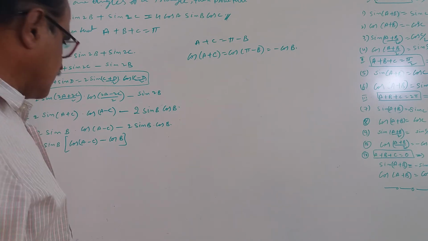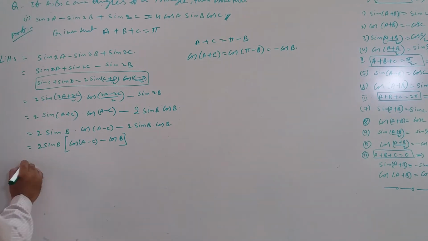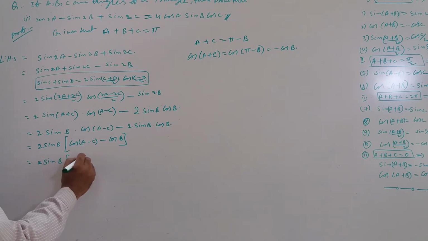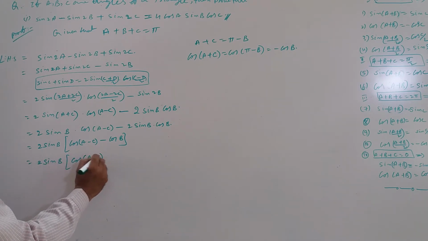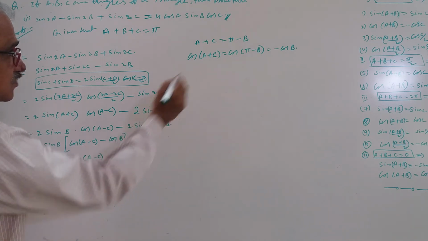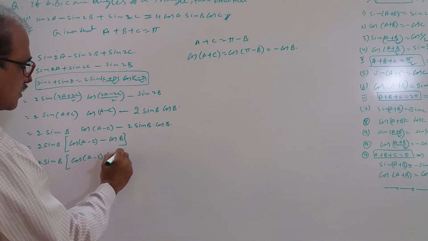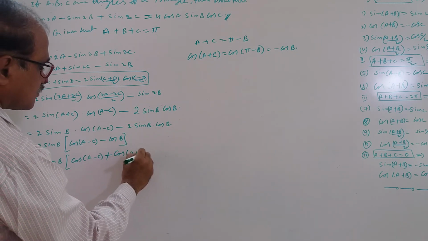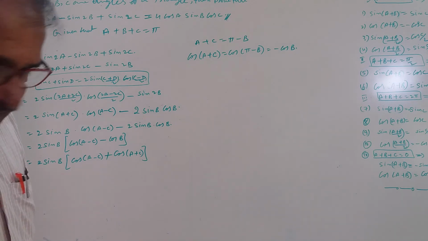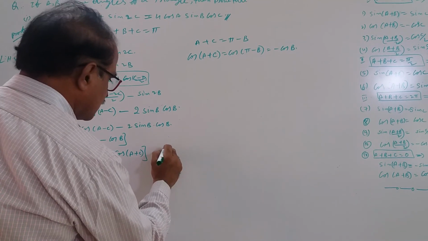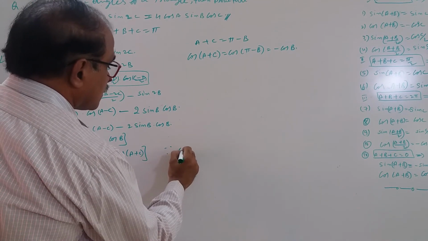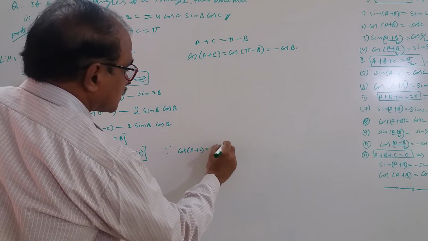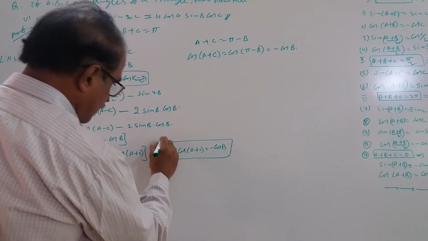Have you understood this? That is equal to 2 sin B into cos(A minus C), and instead of minus cos B, you can write plus cos(A plus C), since cos(A plus C) is equal to minus cos B.